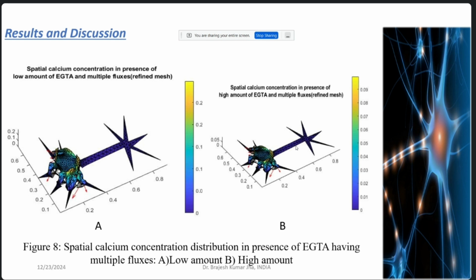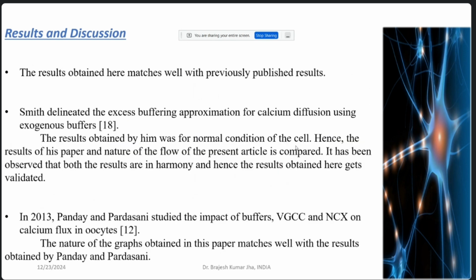If the endoplasmic reticulum inside the cell and locations are also there, in that case also the analytic method fails to give the answer. But location we can't add in the model. But once you get the solution, again you compare with the analytic solution because there is no question about the analytic solution.